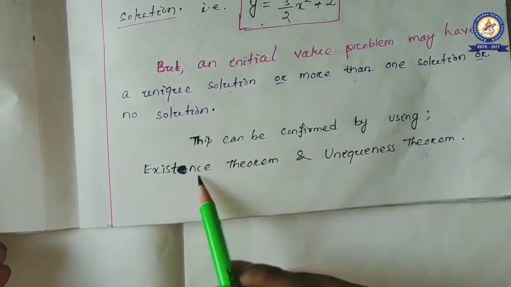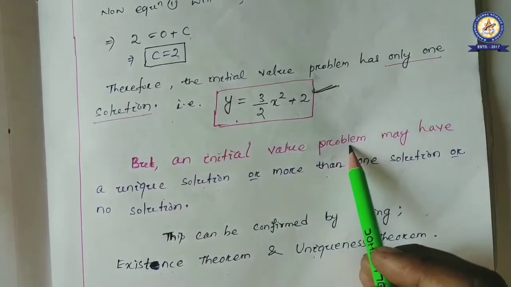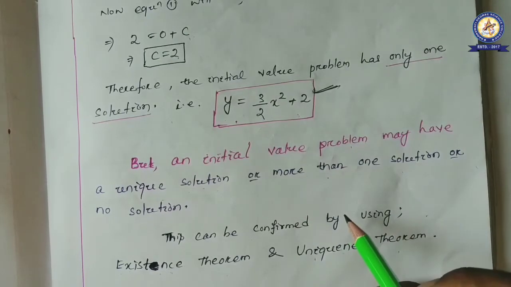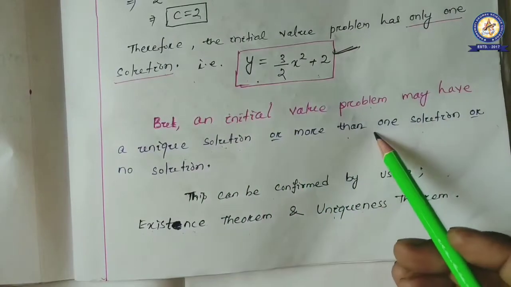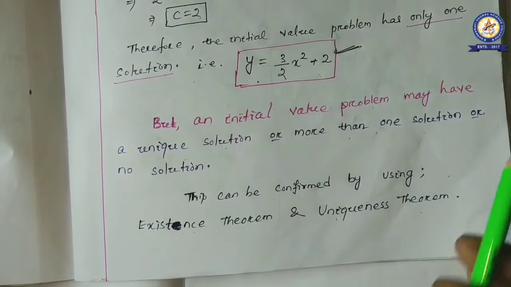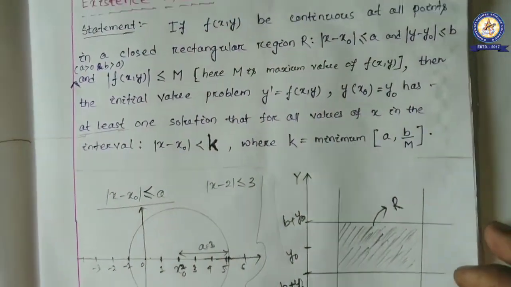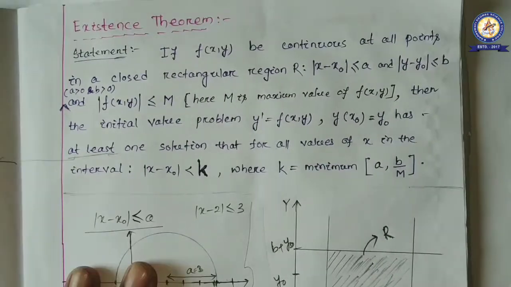By using these two theorems we can confirm whether the initial value problem of a particular differential equation has a unique solution, more than one solution, or no solution. So first we have to discuss the existence theorem.